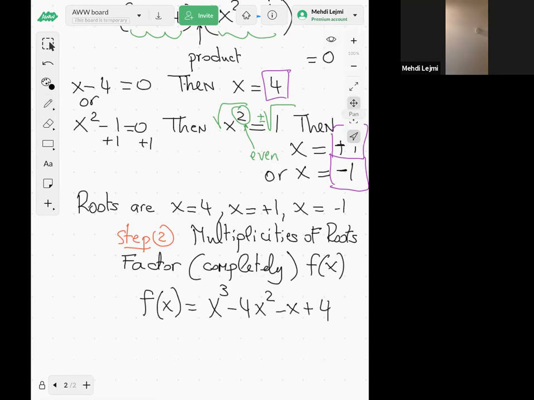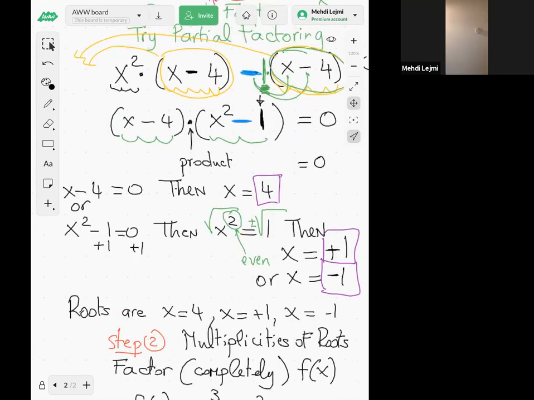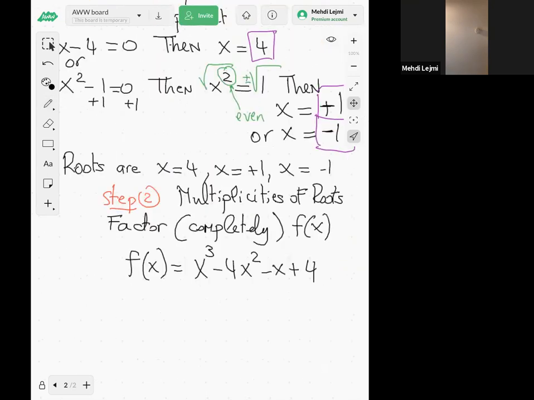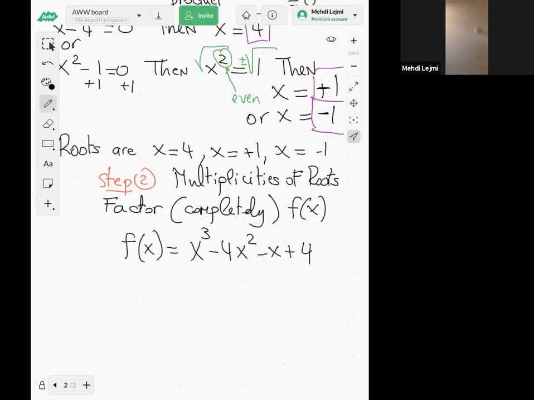So then we have this partial factoring from step 1. We got x minus 4 times x squared minus 1.